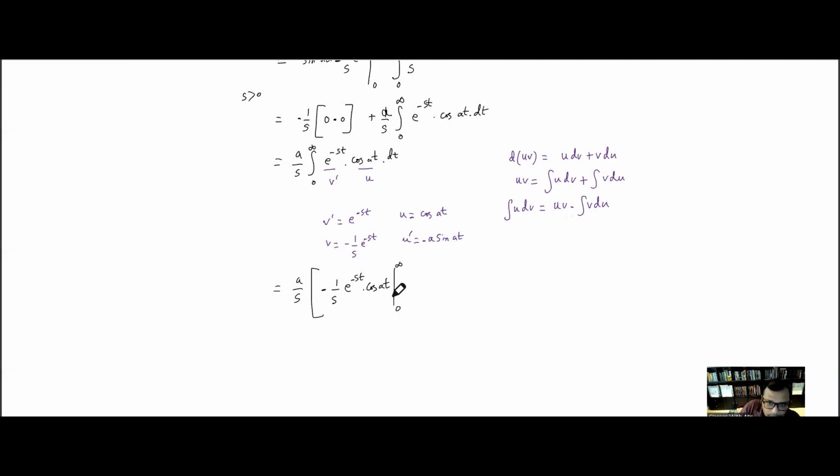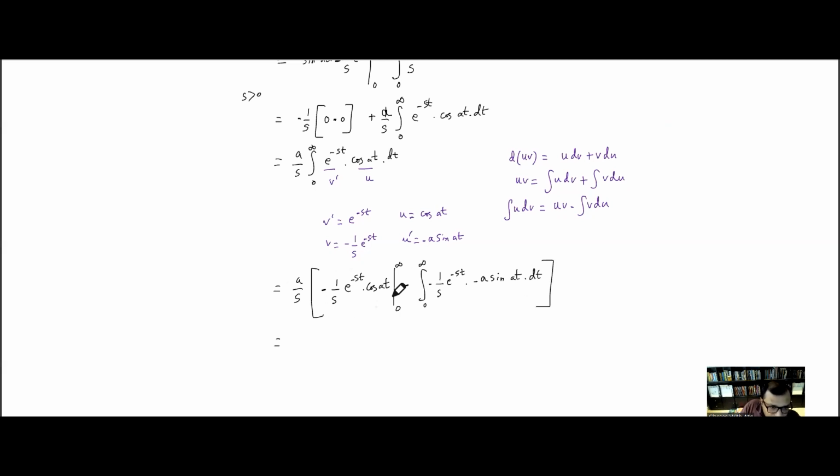And then this minus integral 0 to infinity v du. v is minus 1 by s e to the power minus st times u prime, which is minus a sine at dt. Okay.